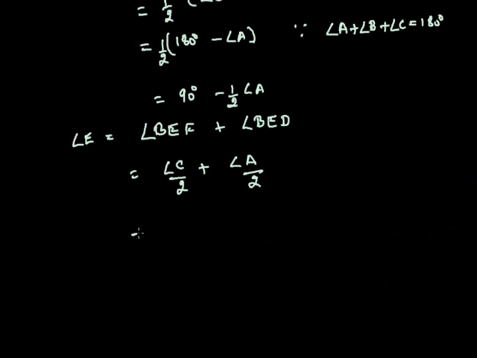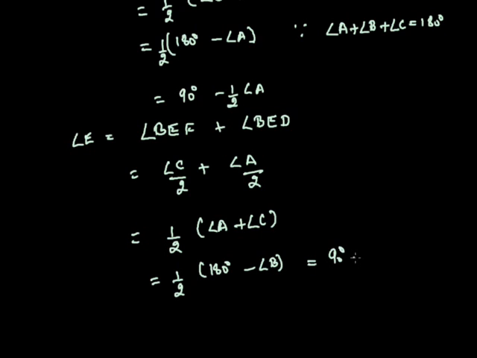So this is equal to half of angle A plus angle C. Again, angle A plus angle C can be written as 180 degrees minus angle B. So this is equal to 90 degrees minus half of angle B.